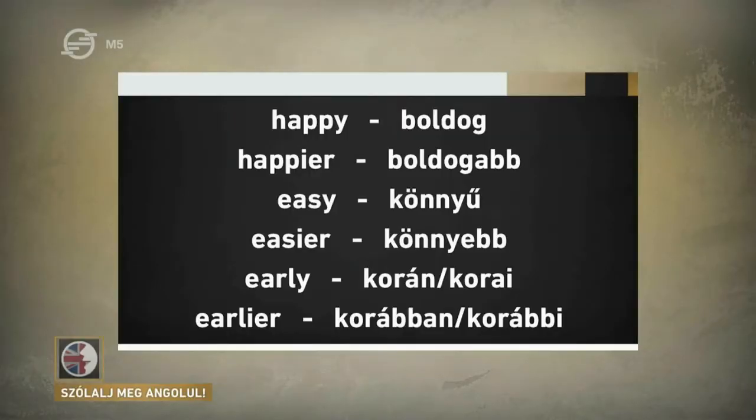So, happy, for example, becomes happier. The comparative form of happy is happier. We replace the Y with IER. Great. So happy becomes happier, easy becomes easier, and early becomes earlier.